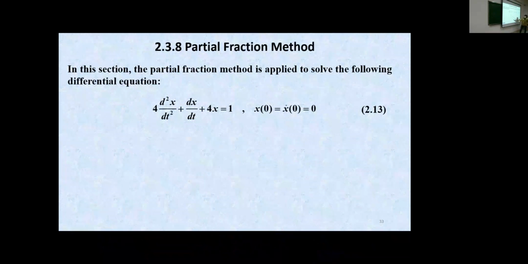Then how to solve the following differential equation? First, you should rewrite this into Laplace transform. Just like this, right? So this should be what? 4 s squared capital X. And this is what? Capital X, right? 4 times capital X times s, right? And this is 4 times capital X. Y is what function?